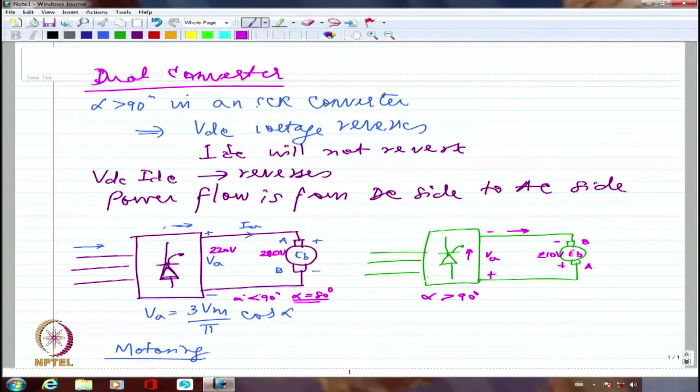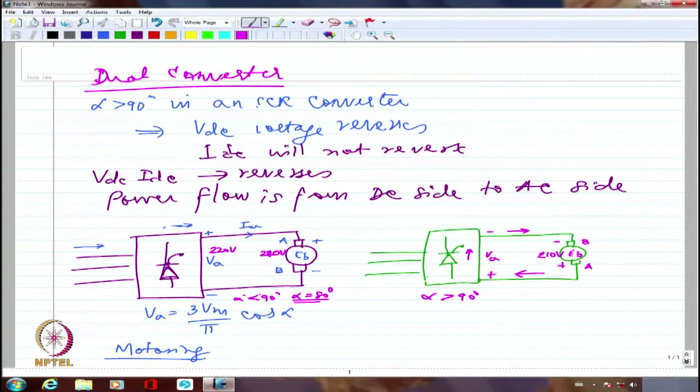So if I want the current to flow from this plus to this plus, that is the machine's plus terminal to the plus terminal of the line commutated converter. I am not calling it a rectifier anymore. I am calling this a line commutated converter.